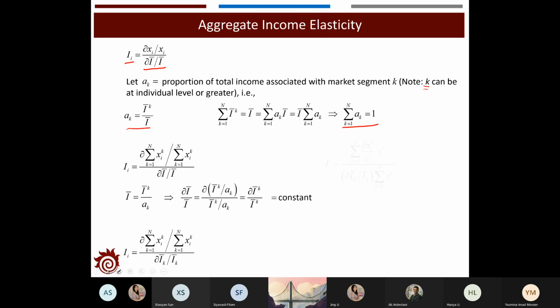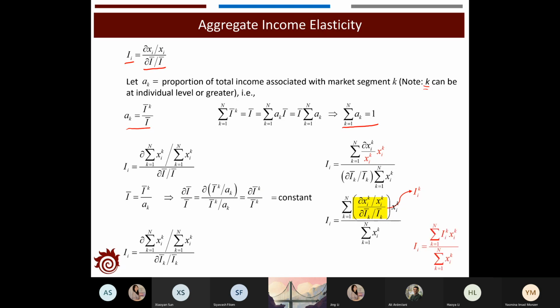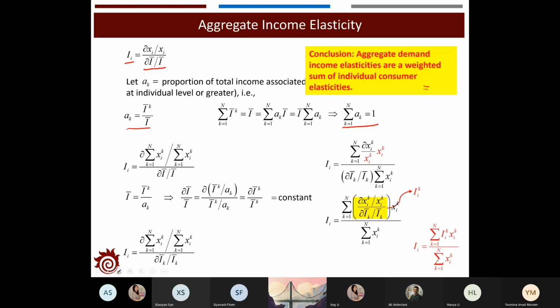Eventually, you will find another relationship between the aggregate income elasticity and the individual income elasticity. The final solution shows that the aggregate demand income elasticity is also the weighted sum of the individual consumer income elasticity.